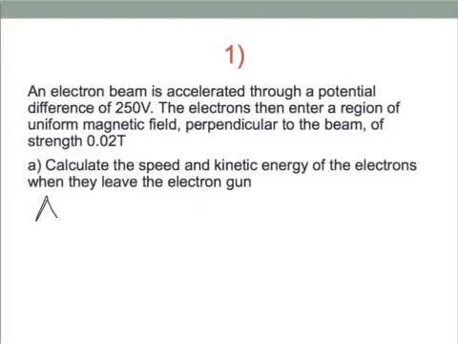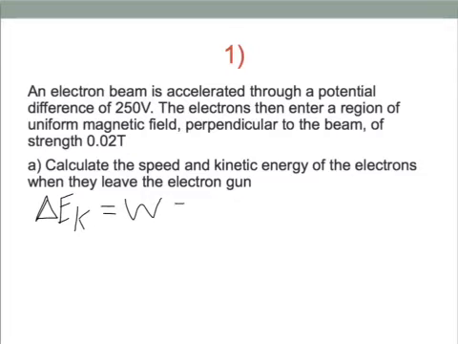So the gain in kinetic energy, first of all, will equal the work done on the electrons by the electric field, which consists of a 250 volt potential difference across a certain distance we're not given, but we don't need that, of course.